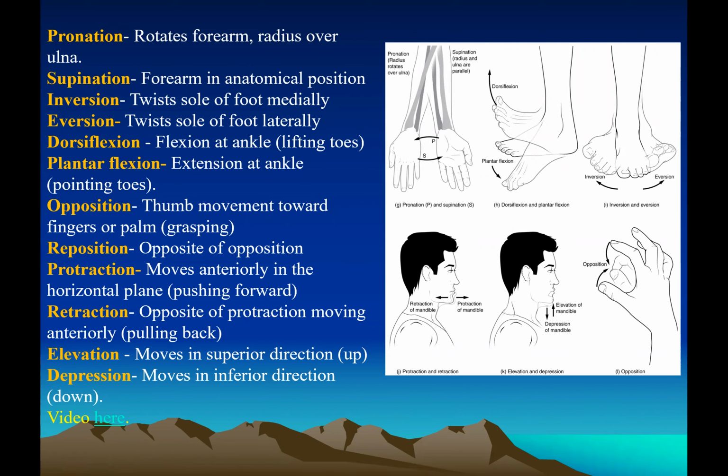Eversion is when you twist your foot laterally. Dorsiflexion is when you point your toes towards the ceiling. Plantar flexion is like a ballerina when you point your toes, extending the ankle and pointing the toes.